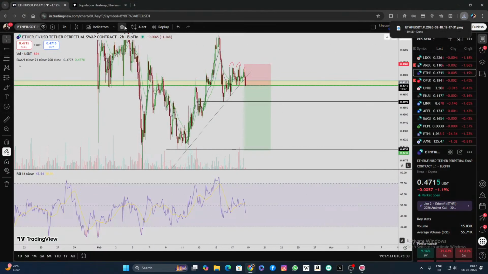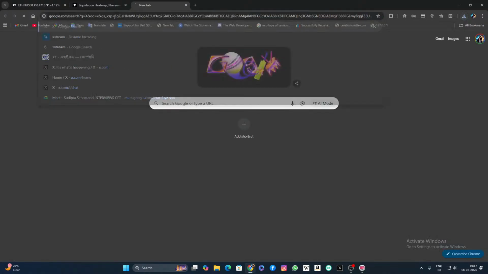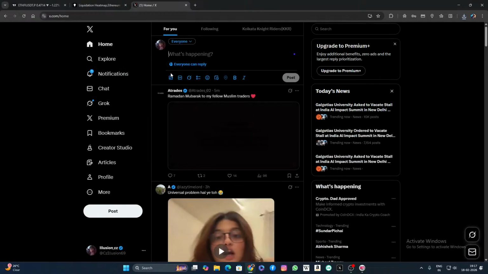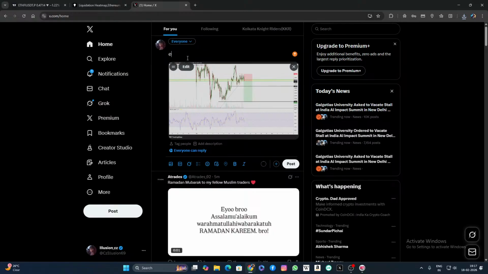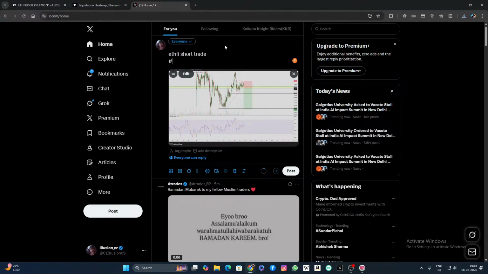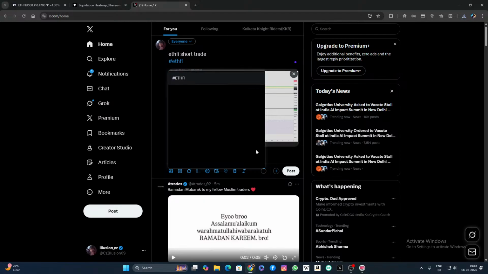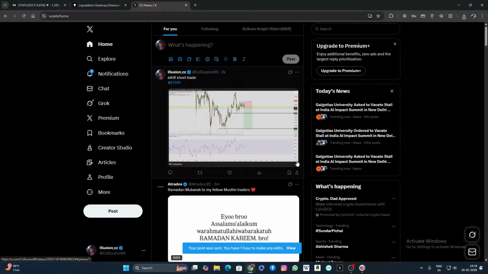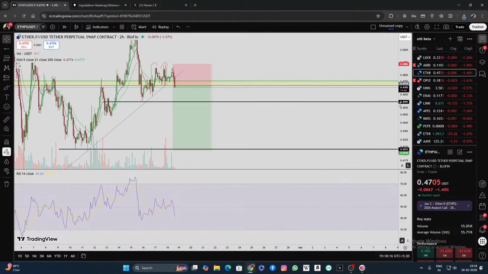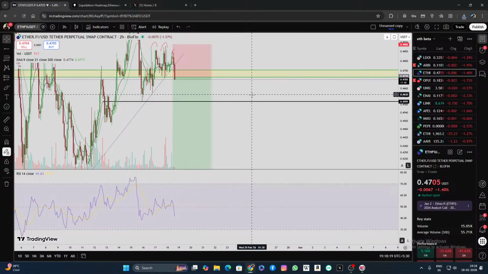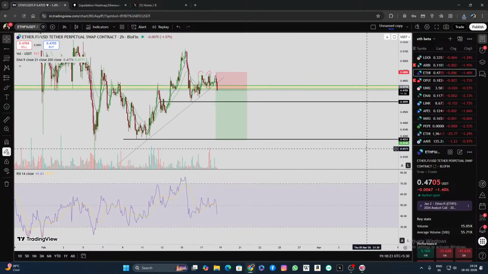Let's just post it on X. First target around 0.4595 for 1 hour, and final target around 0.4253.